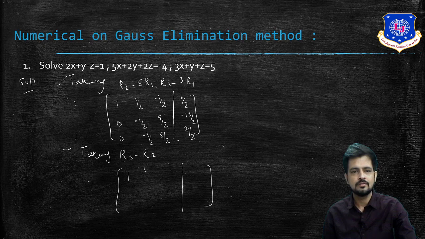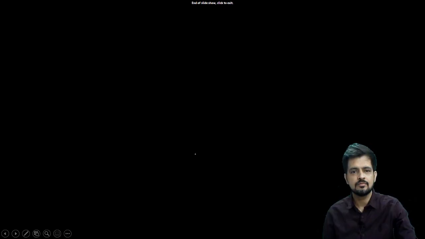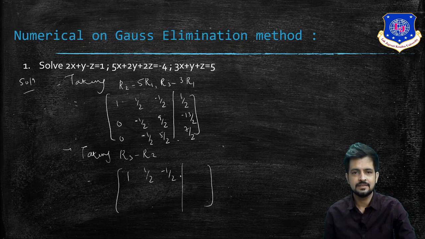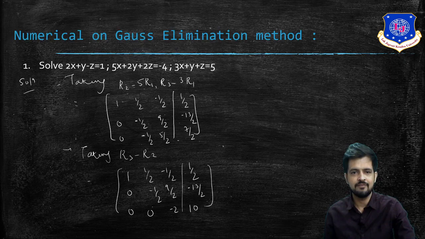So 1, 1 by 2, minus 1 by 2, 1 by 2. Then 0; only R3 will change, the rest of the rows will stay the same. 5 by 2 minus 9 by 2, that is minus 2, and here 10 will come.